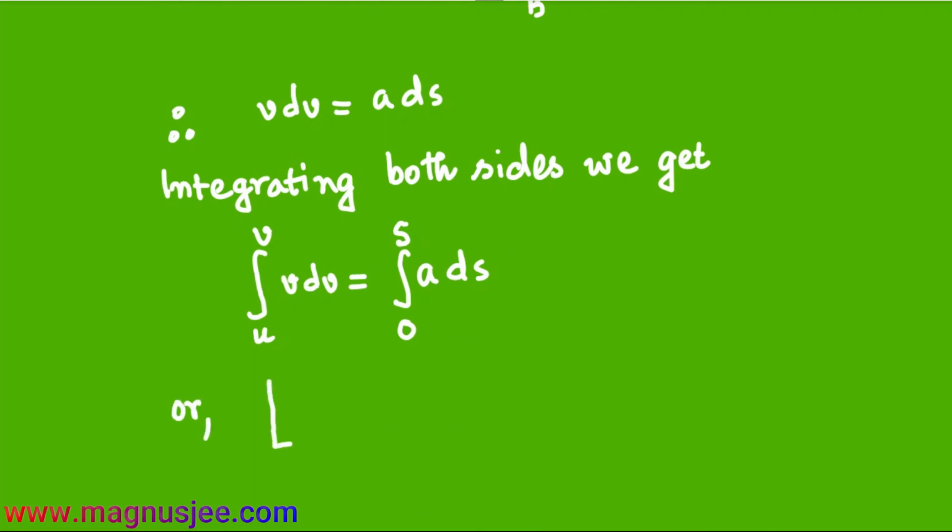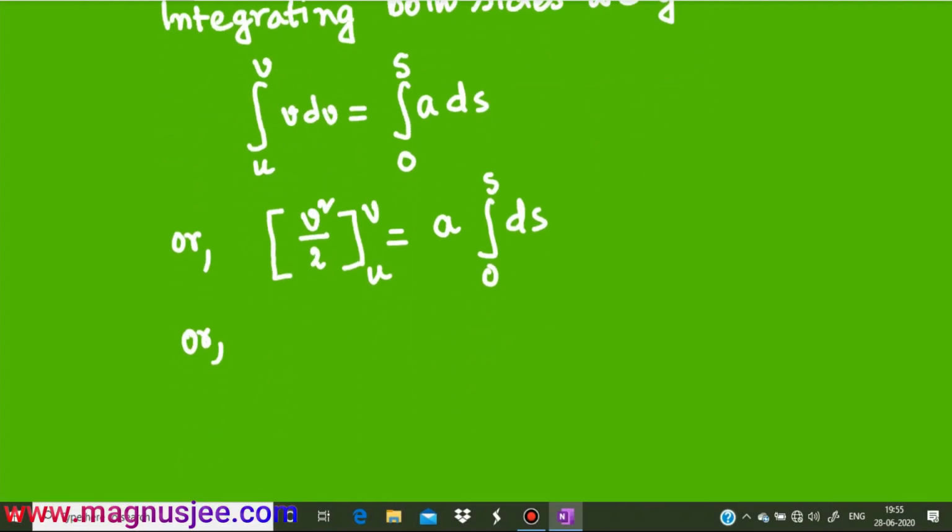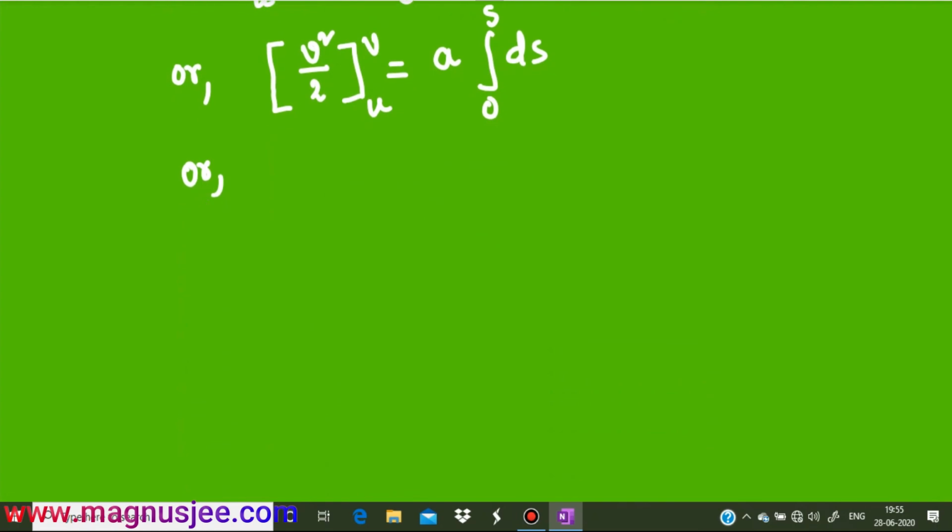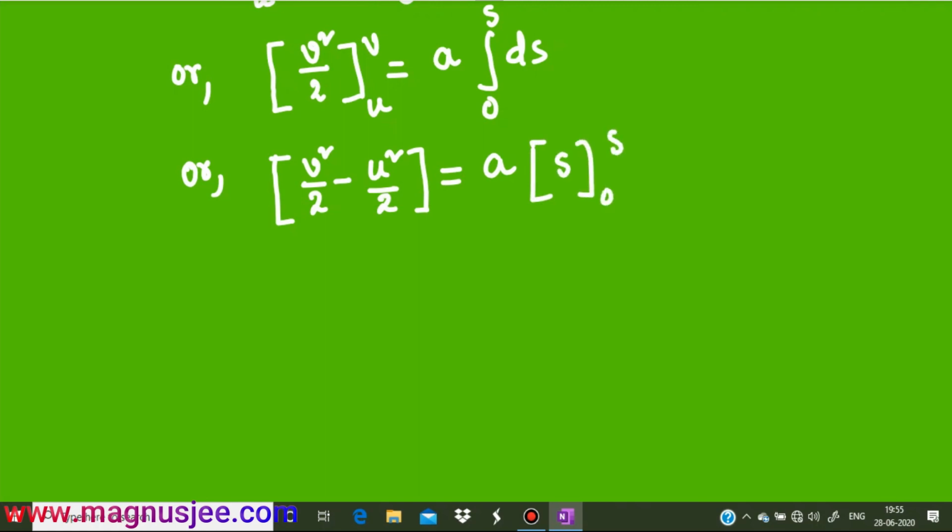Or, the integration of v dv is v square by 2, from u to v, equal to a, which is constant, we can bring outside the integration, a times integration of ds from 0 to s. Or, v square by 2 minus u square by 2, bracket closed, equals a times the integration of ds, which is s, from 0 to s.